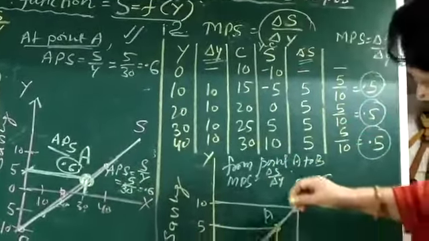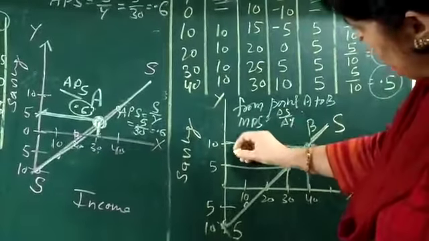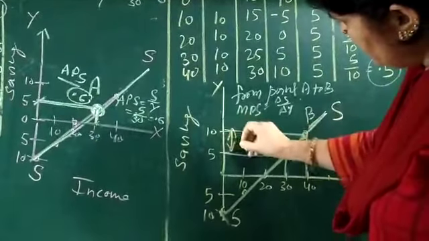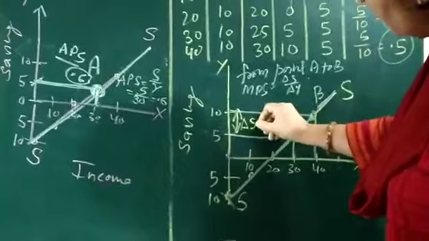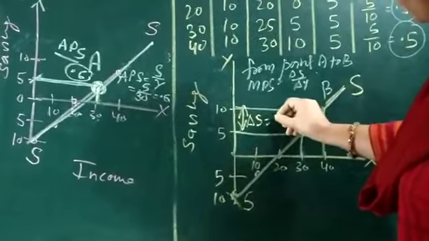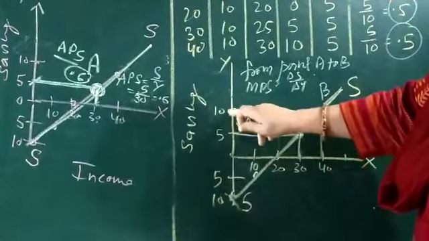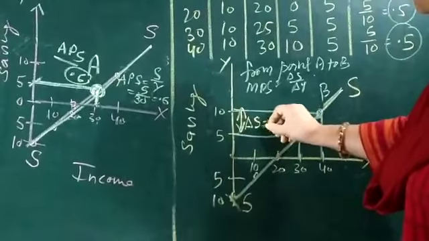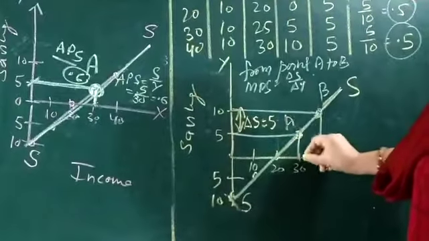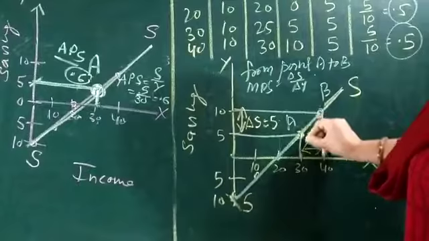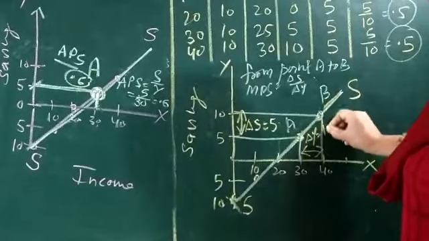For the derivation of delta S, this indicates change in savings, 5 and 10, the difference is 5. So the value of delta S is 5 and here change in income is equal to 10.